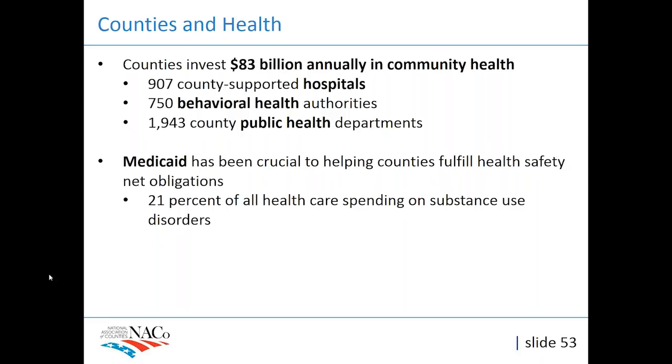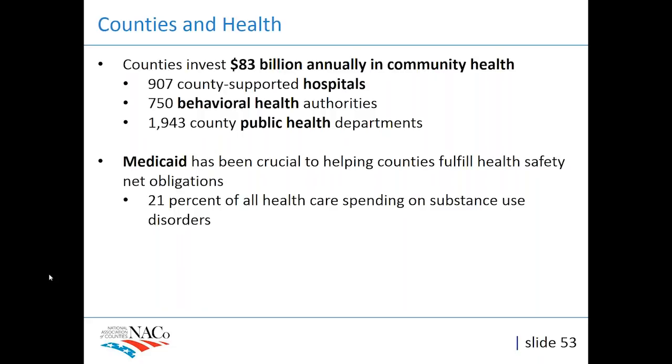Medicaid certainly helps with that. And for those that don't know, 21% of all healthcare spending on substance use disorders is through Medicaid. So it's a vital source of coverage for this issue, especially in states that have expanded Medicaid.